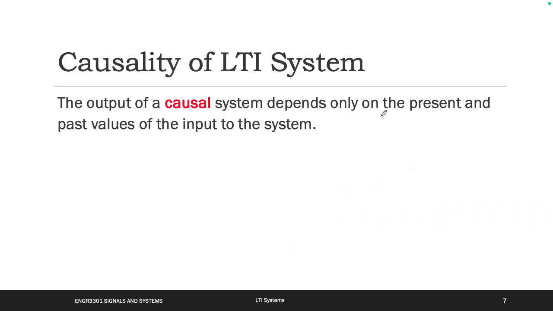The first one is the causality of the LTI system. We learn different properties: causality, memoryless, and stable. Let's talk about whether it is causal or not. Let's review what it means if the system is causal.